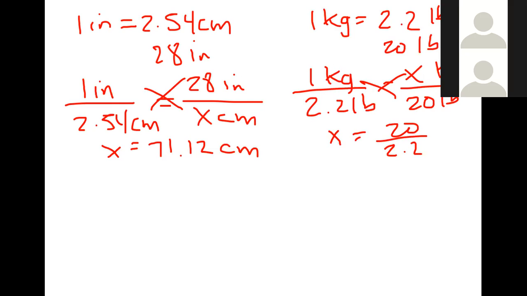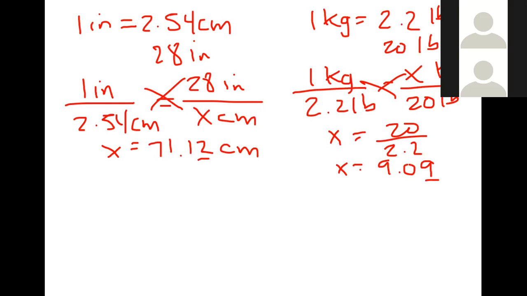And that will give me 9.09. So it says to round to the nearest hundredth. So that's the hundredth and that's the hundredth, so we're okay.